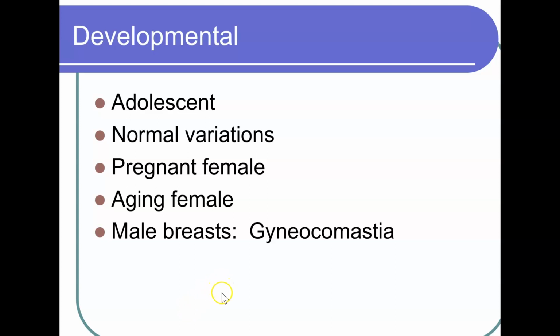So they have various staging. And in the staging, you have what they call the sexual maturity rating in girls, and it's called the Tanner staging.